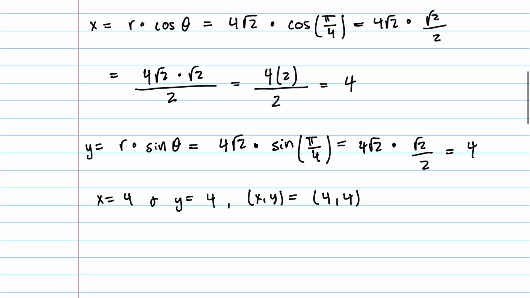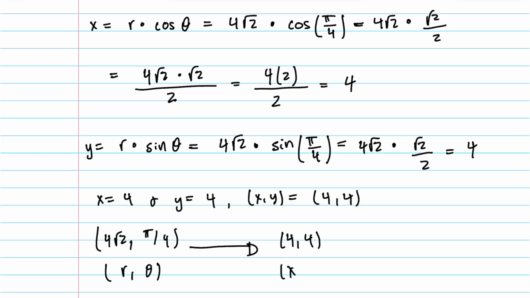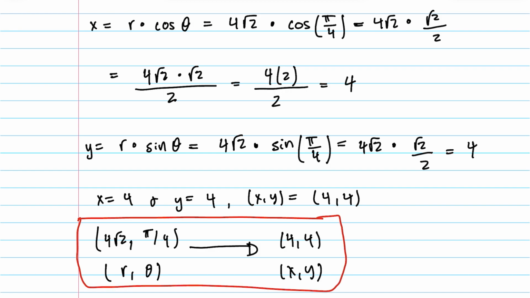From this, we've shown that 4 square root of 2, pi over 4, which is the polar coordinate point r, theta, converts back to 4, 4, which is your x and y coordinate point. And so we have shown that this is true going in both ways.